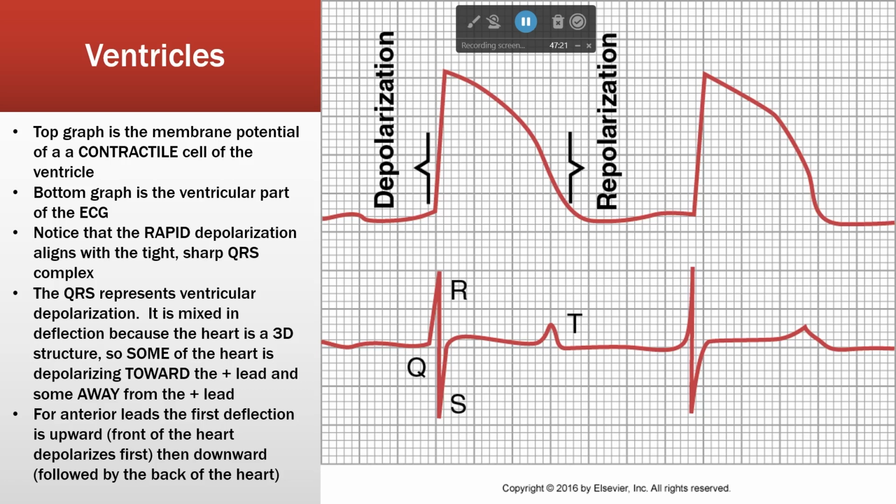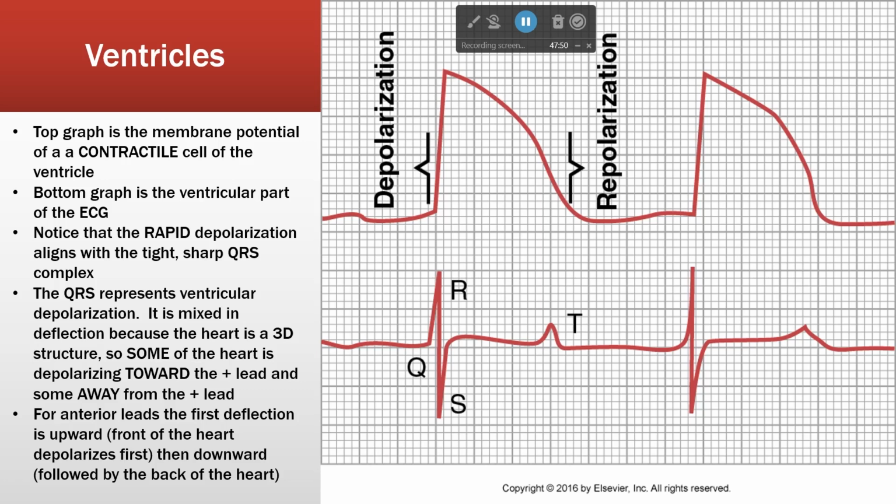Now, the direction of these leads, like QRS, you look at that and there's plus and minus. So what's happening there? The heart is a three-dimensional structure. At no point are all of the electrical charges ever going to be going in one direction, because it's a three-dimensional structure.